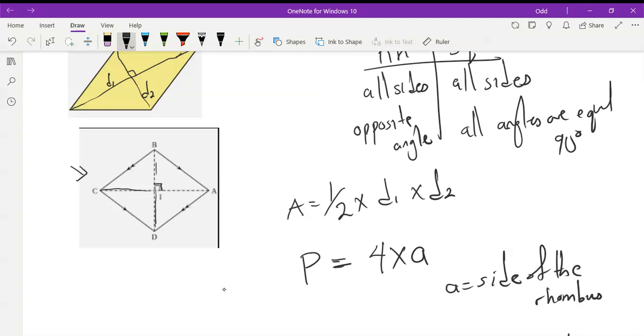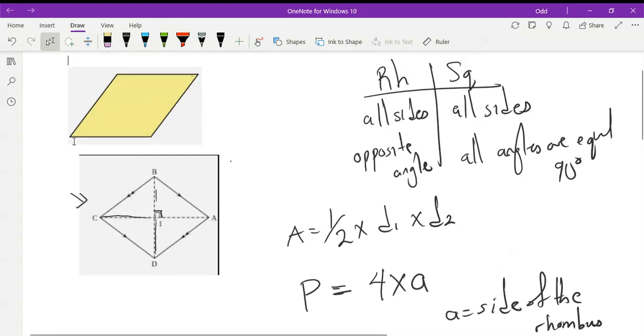Now, can we also use the base times height? Yes, although it's not commonly asked, but you can. So let me come back here, go up a bit. This rhombus has a height. Let's say this is h, and all the sides are equal, a.